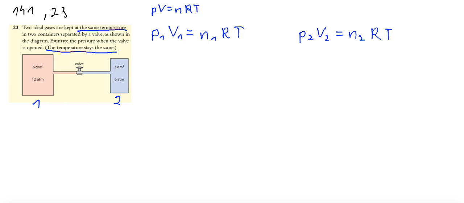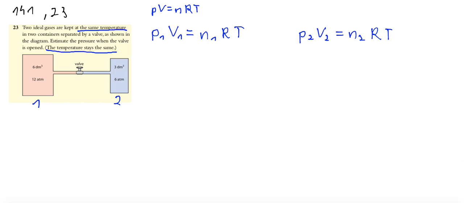Okay? What happens if this valve is open? Gas is mixed. Okay? So now we can write the same Clapeyron equation for situation when we have one container which contains an amount of molecules of this one, and which has a volume of these two containers.